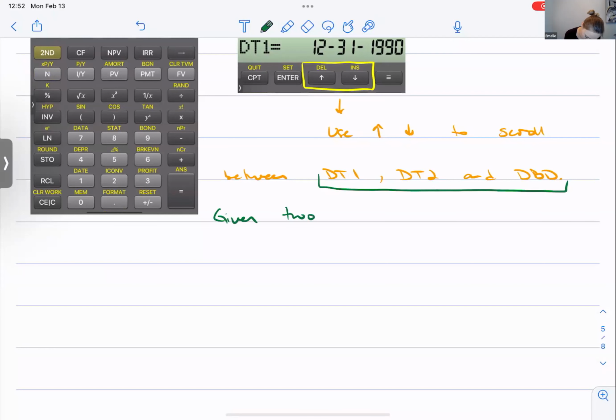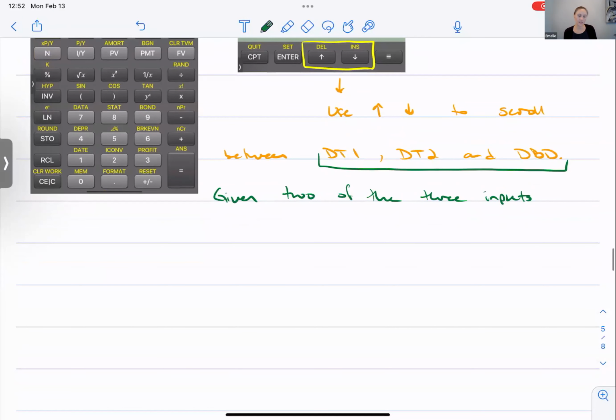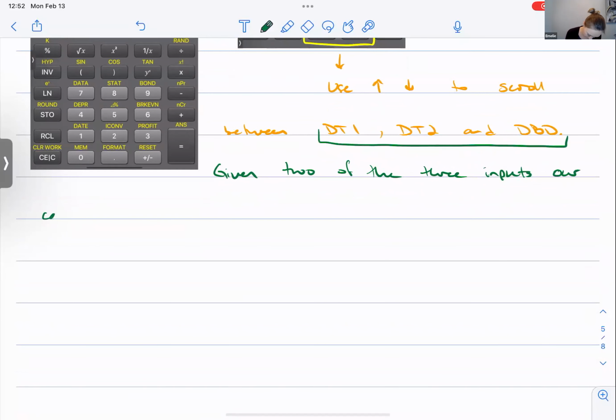Given 2 of the 3 inputs, our calculator can solve for the third. Usually it's the days between dates, but sometimes, right, I take out a loan on June 2nd, 1992, and I borrowed it for 400 days.